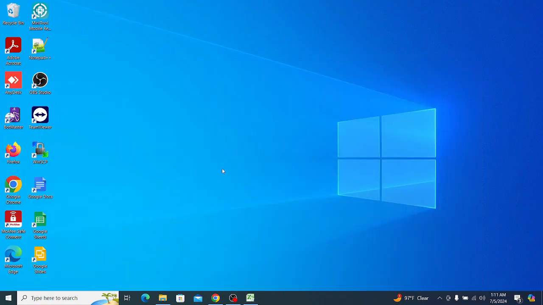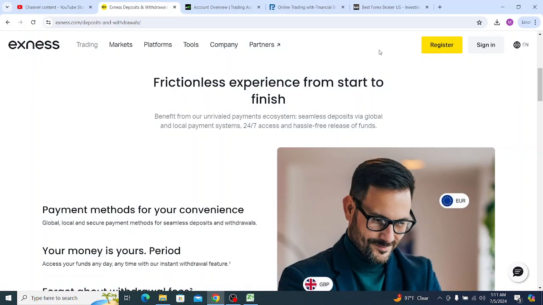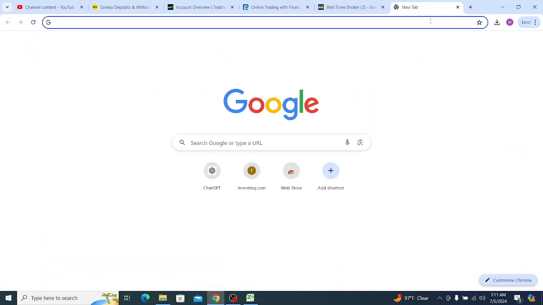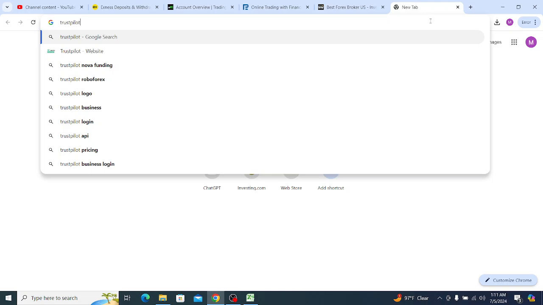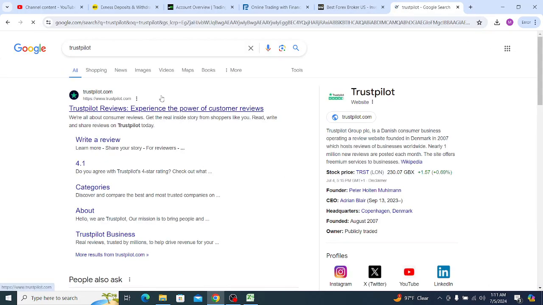One more thing which I want to recommend to all of you: whenever you are planning to open an account with any broker, just look for Trustpilot and check the reviews there.